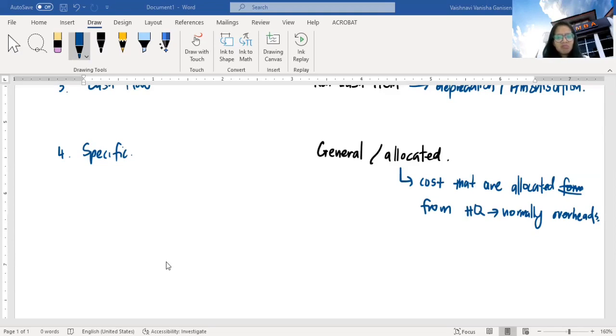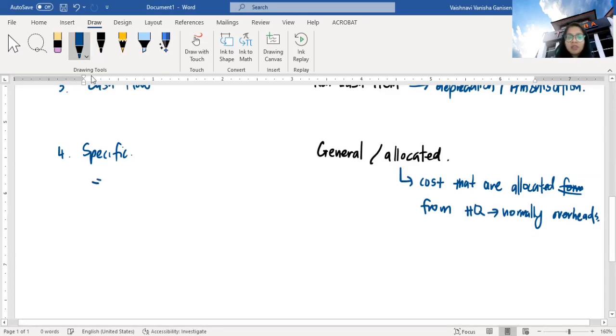Now, I just want to remind you of another type of cost that can be considered relevant. This falls under the category of specific costs. It's not just specific costs, it's also opportunity costs. Can anyone tell me why opportunity cost is also a form of relevant cost?